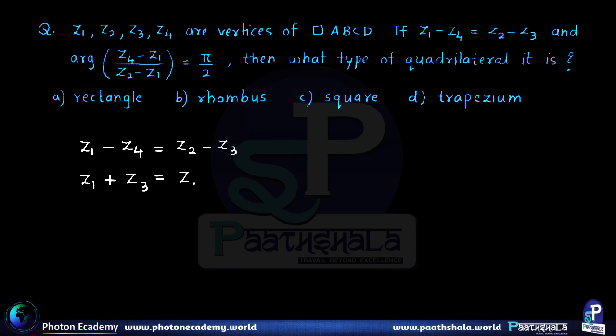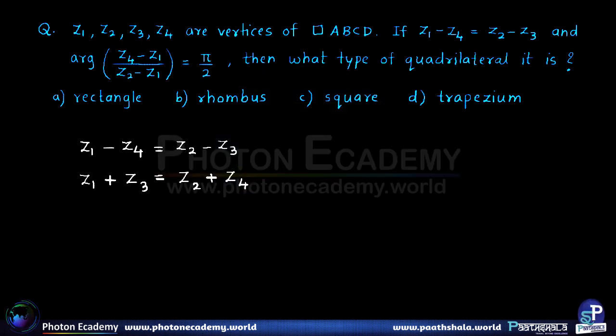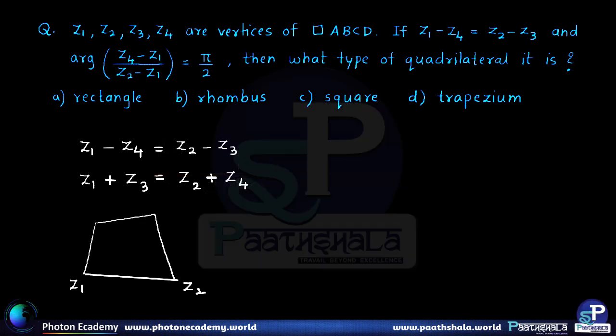Since z1, z2, z3 and z4 are in the correct order, z1 and z3 represent the opposite vertices of a quadrilateral. Here in general we may have the quadrilateral like this. Here it is z1, then here we have z2, then here we have z3 and lastly we have z4.